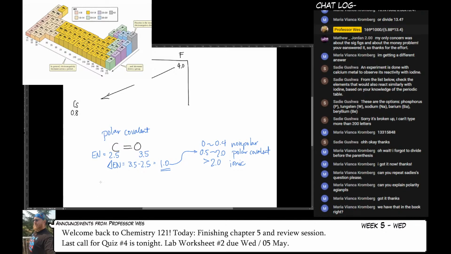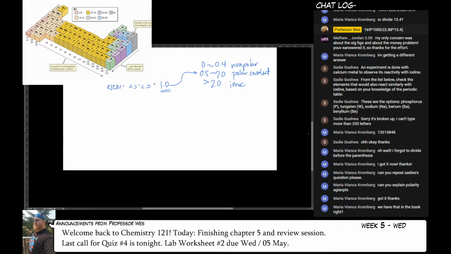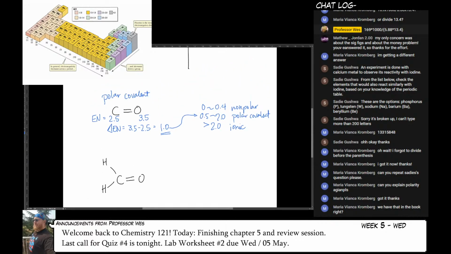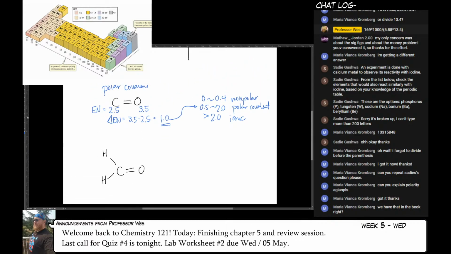And then the next thing that you can do with that is if you have a molecule, like say this molecule here, if I asked you, is this molecule polar or not, you could say, well, up here I did C and O by themselves, and we found that it was polar covalent. And you could draw your arrow like this. So I'll do that over here again.